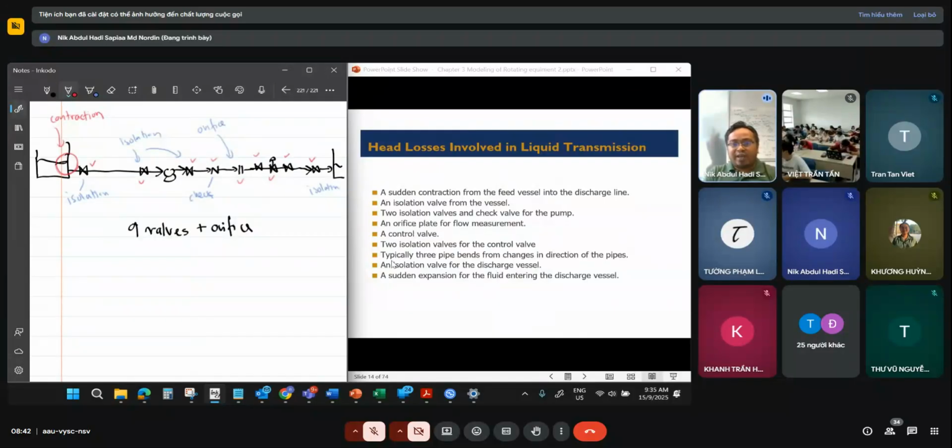And for any liquid transmission, typically we have 3 pipe bends from the change in direction. So let's say we have 3 bends that induce head losses, and we also have a sudden expansion here.